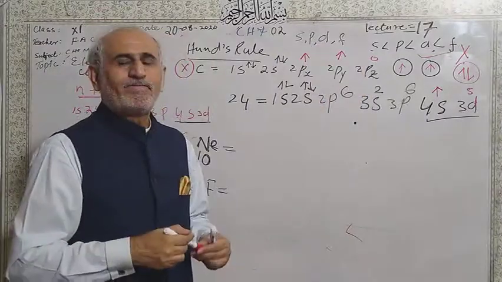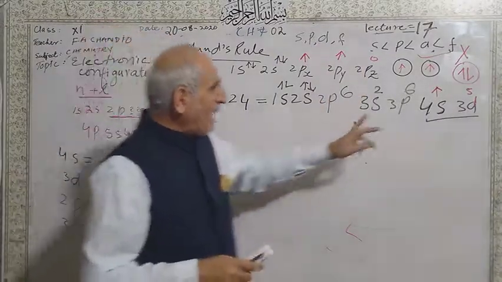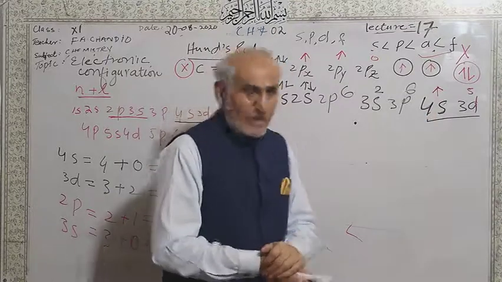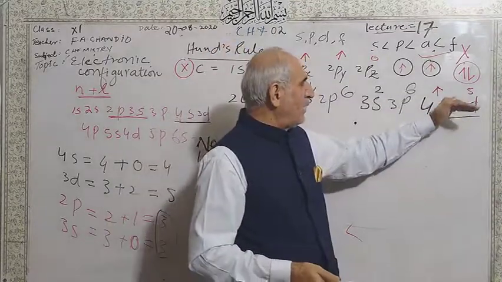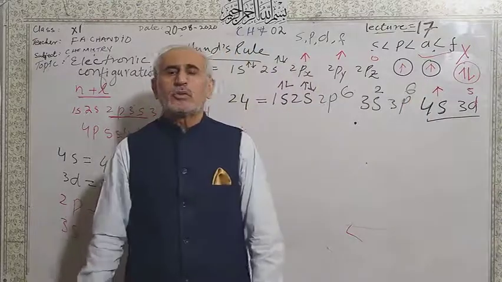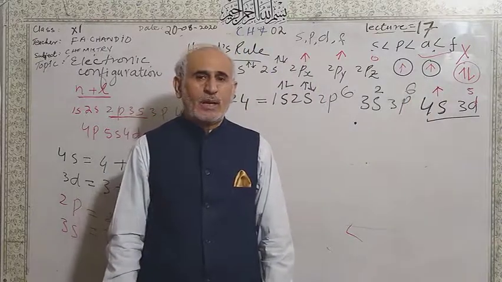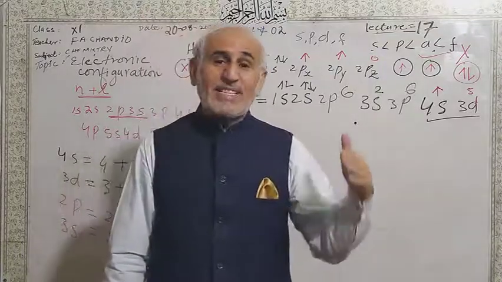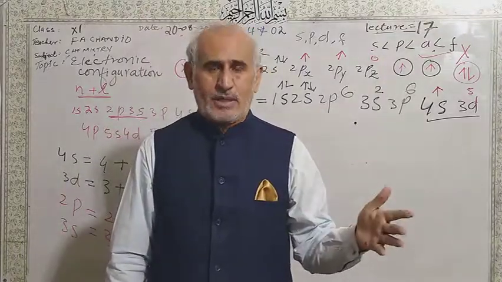The number is the same. I leave the unpaired electron in s1 and put 5 electrons in the 3d. So this shows the stability of the atom.